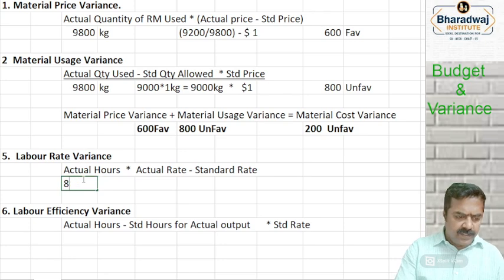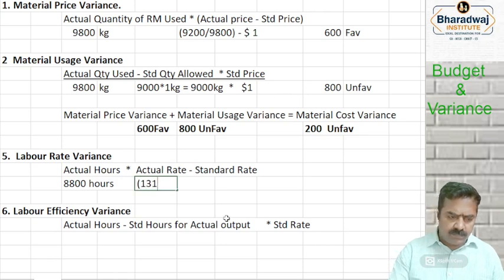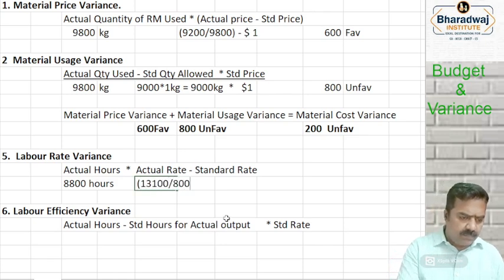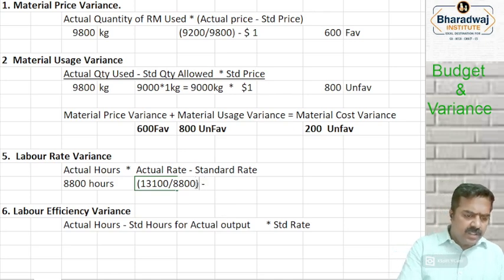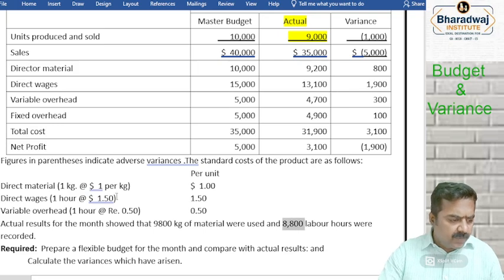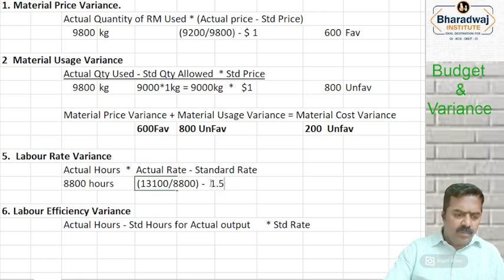Actual rate can be taken from here. 13,100 is spent for this 8,800. Minus standard rate per hour, which is given to us in the question itself. $1.5 per hour.